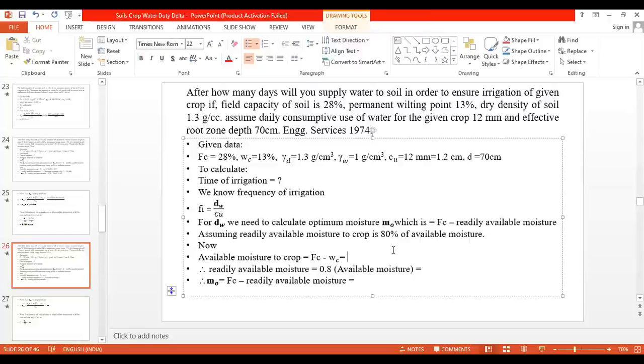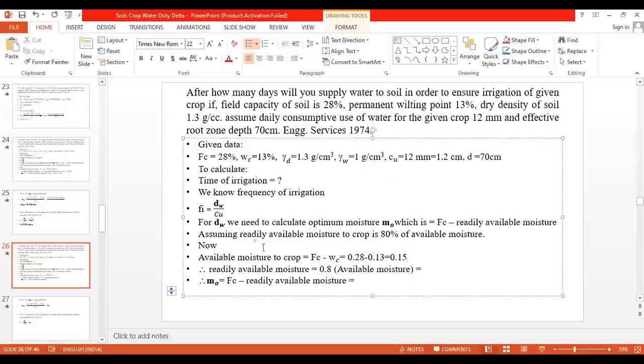So now as in the previous example, just putting values over here. Field capacity is 28%. So in magnitude it is 0.28 minus wilting coefficient 13%, so it's 0.13, that is equal to 15% or 0.15, we can say.